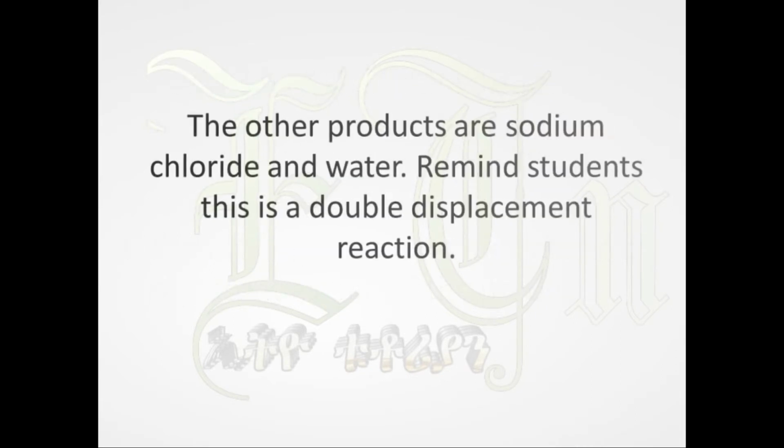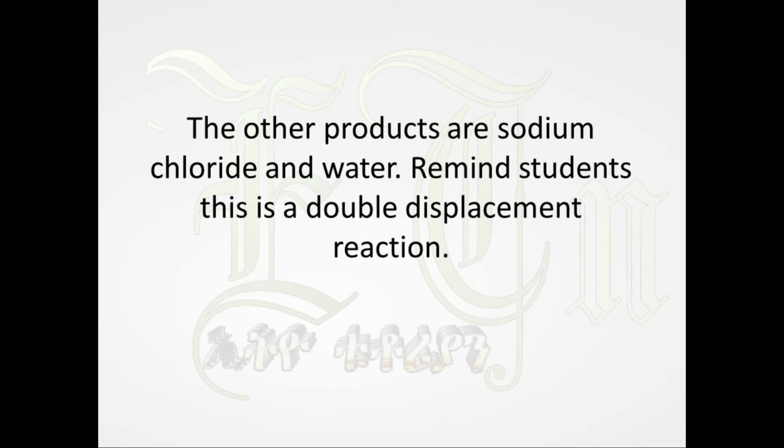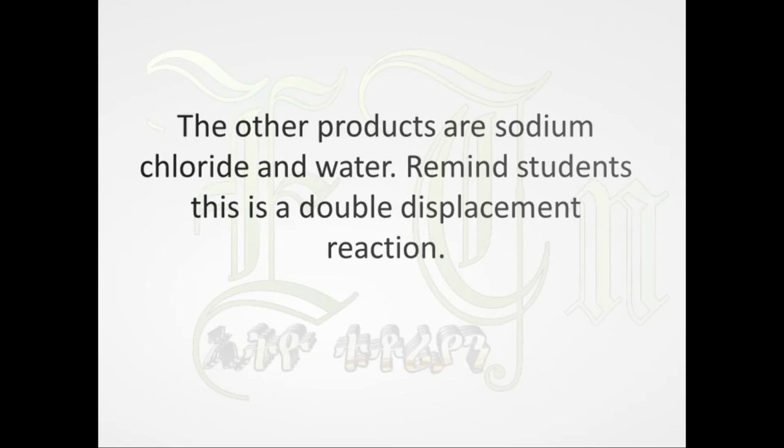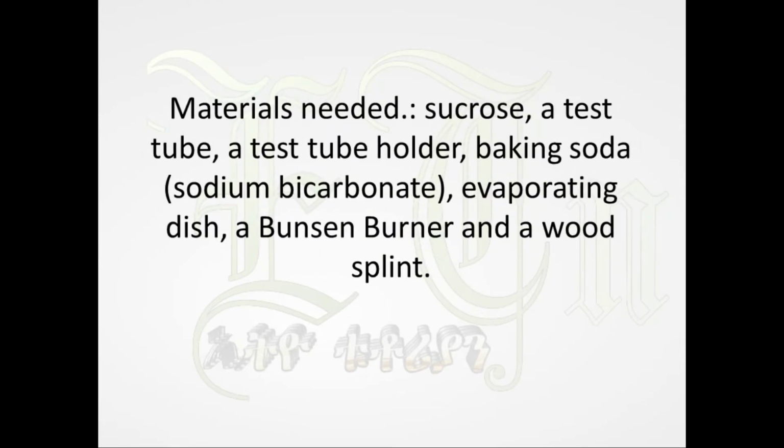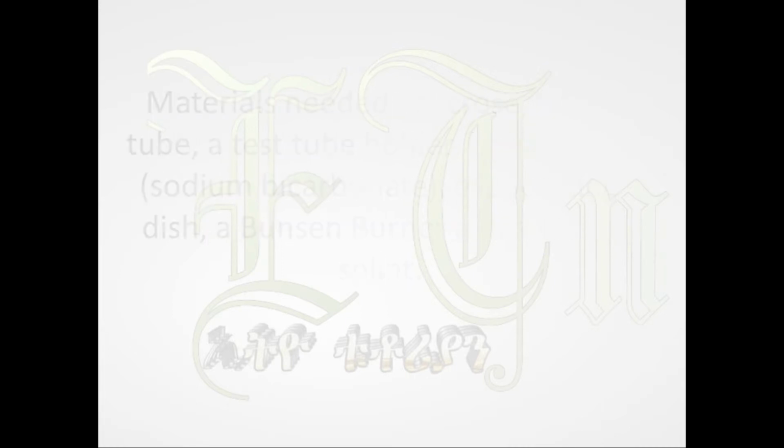The other products are sodium chloride and water. Remind students this is a double displacement reaction. Materials needed: sucrose, a test tube holder, baking soda (sodium bicarbonate), evaporating dish, a Bunsen burner, and a wood splint.